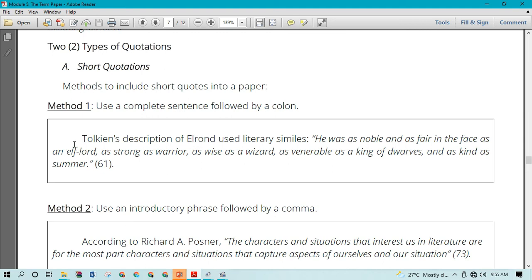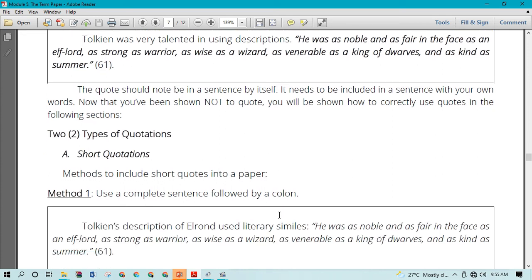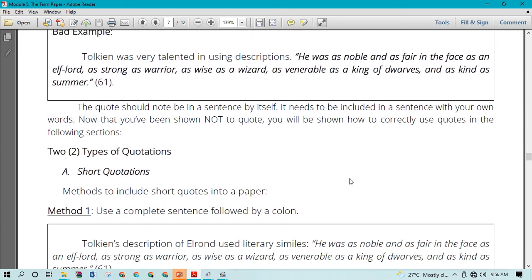Kanina kasi, yung bad example ay may dalawang sentence, no? So the good example or the proper way of direct quoting is isang sentence lahat, including your own words.